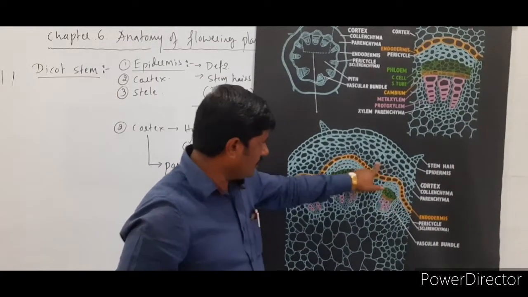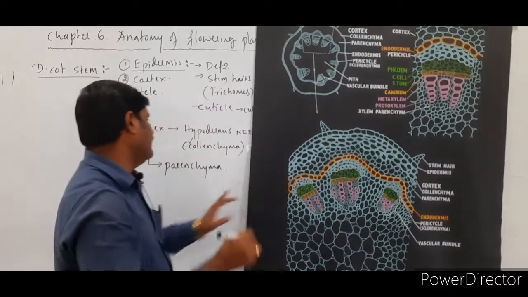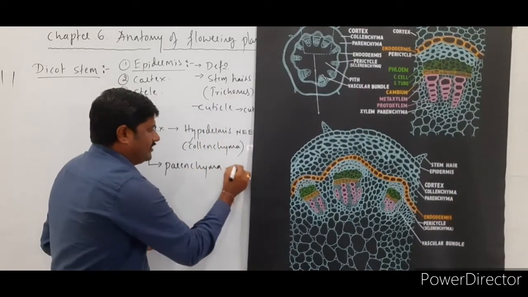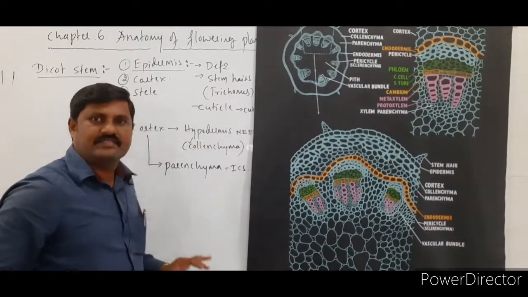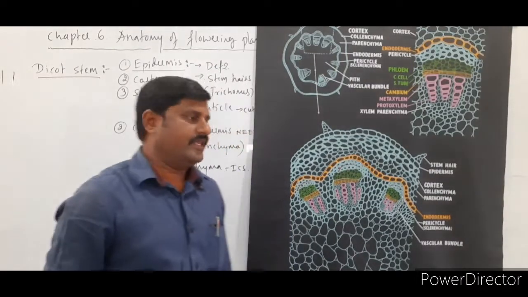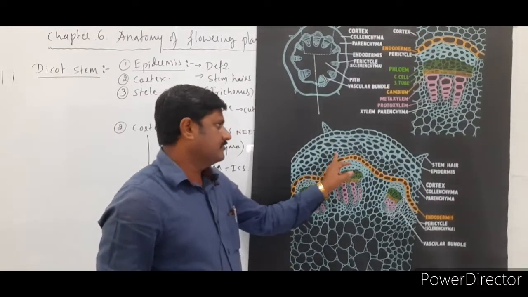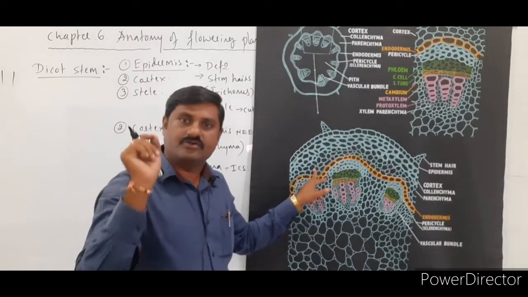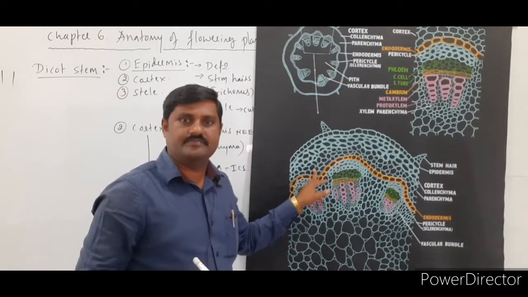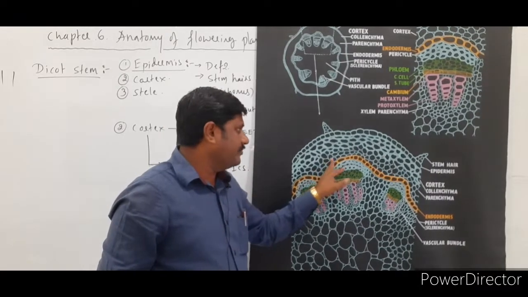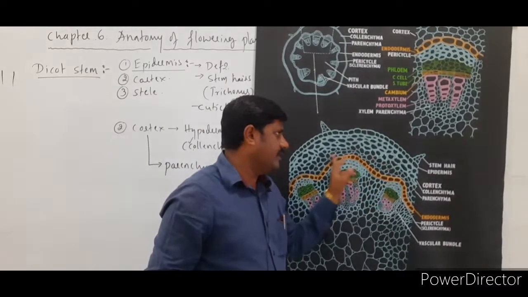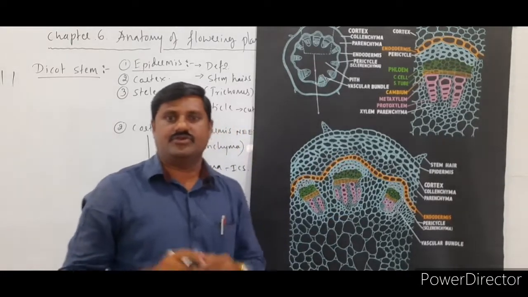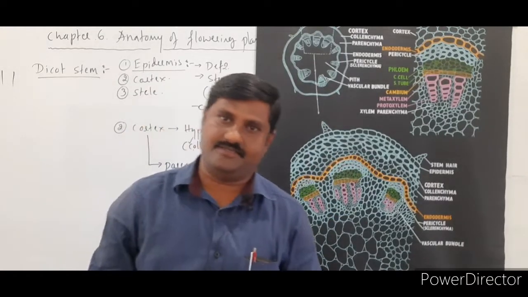Here the intercellular spaces are seen. So parenchyma with ICS. Many of these parenchymatous cells sometimes have chlorophyll pigment within them. Whenever chlorophyll pigments are present in cortical cells, they perform photosynthesis.